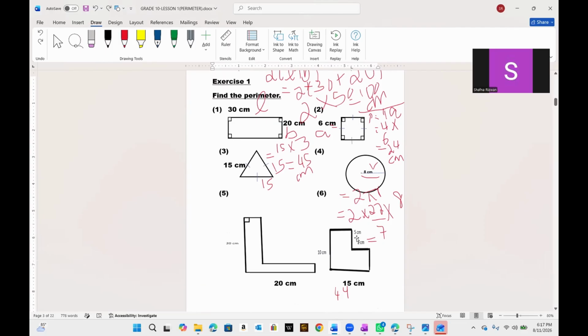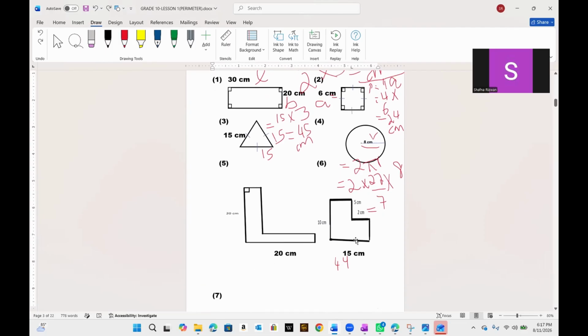I hope you all can see. 44 into 8. 8 fours are how much? 32. Here 32. Again 8 fours are 32. 32 plus 3 is how much? 35. So 35. Then 352.